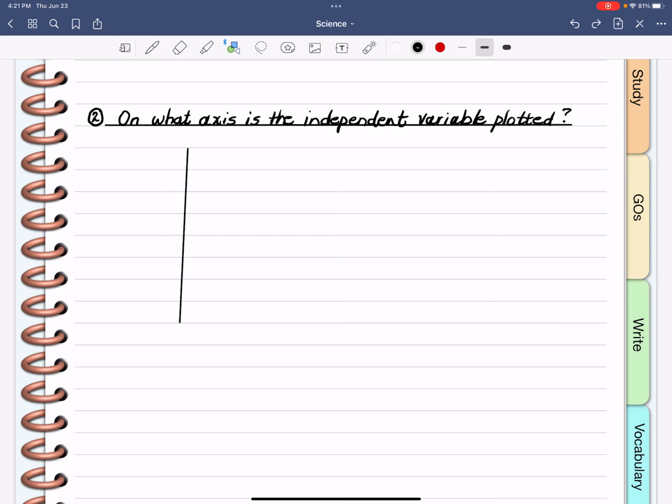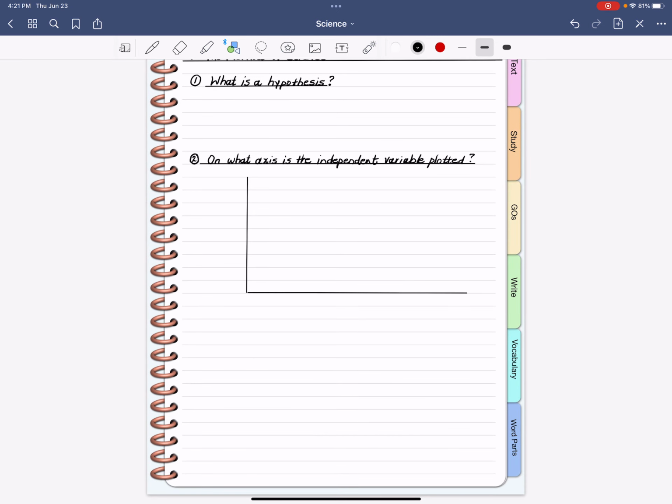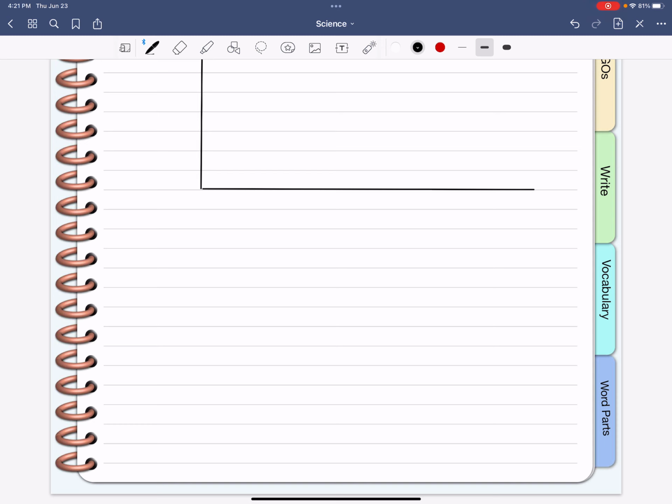And it looks like mine is not very straight. So let me try that one more time. We're going to draw the y-axis. That's the tall one. And then the x-axis runs across the page. So just put a frame in there. That's all you need to do for now. And then we are ready to write question 3.